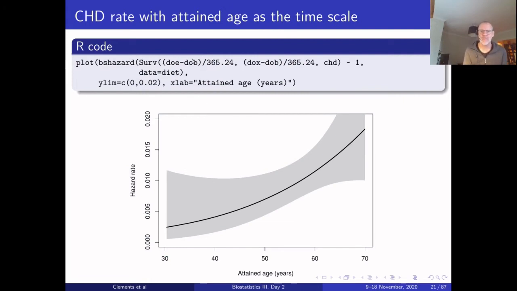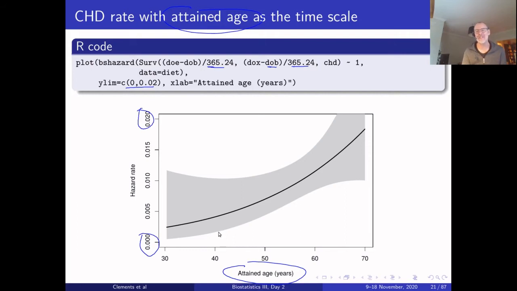If instead we do this for CHD with attained age, so date of entry minus the date of birth expressed in years, and date of exit minus the date of birth expressed in years, changing the y limit again and the x label, then we find a very nice association between attained age and CHD.